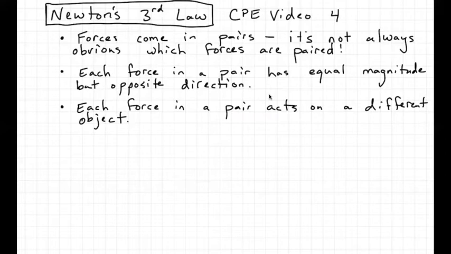If you think about that, you might be compelled to say that, well, if every force has an equal and opposite paired force, then how can anything in the universe accelerate? If I push on something, but then there's an equal and opposite push back, then the total force has to be zero, because if I take a force and then add an opposite force to it, then I get nothing.